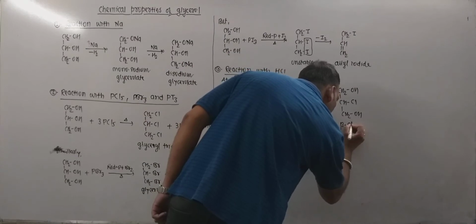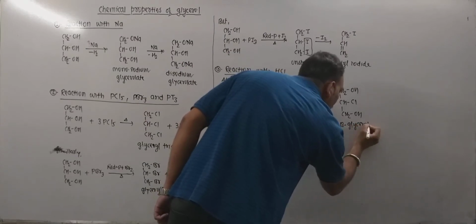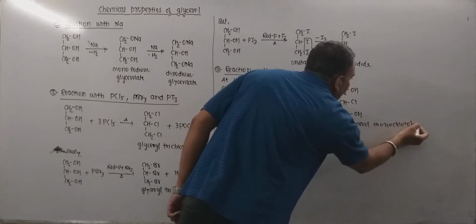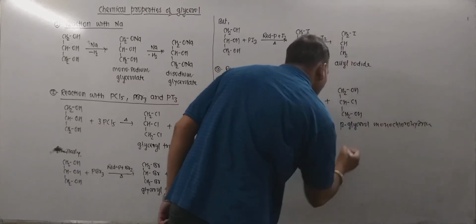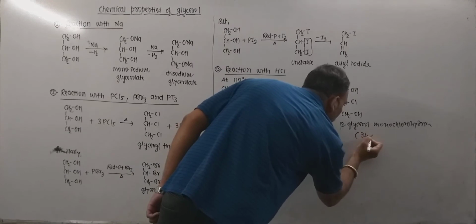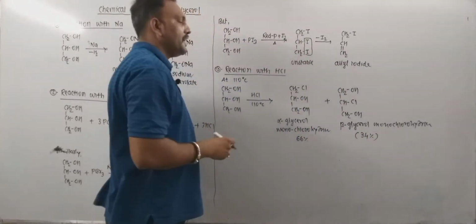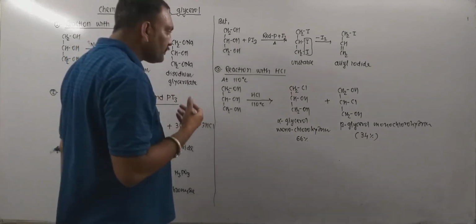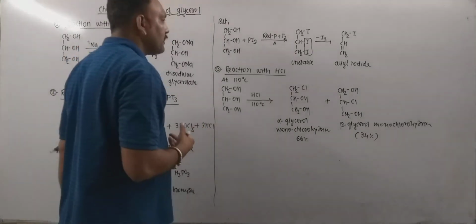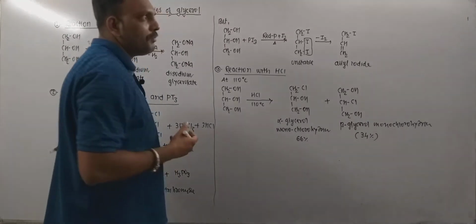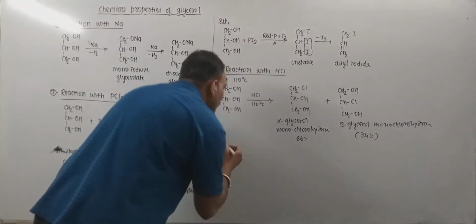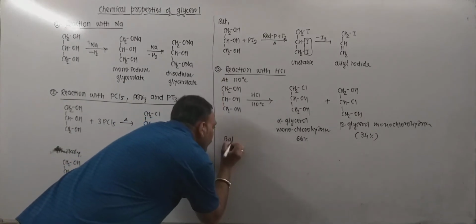So this is nothing but beta glycerol monochlorohydrine, and it has just 34% of yield. But when we treat glycerol with excess of HCl, remember, with excess HCl the reaction takes place in different manner.